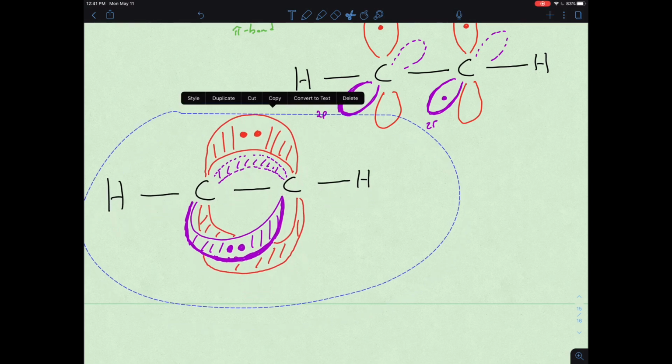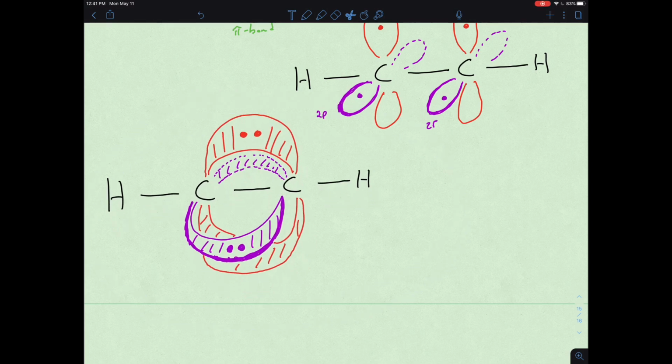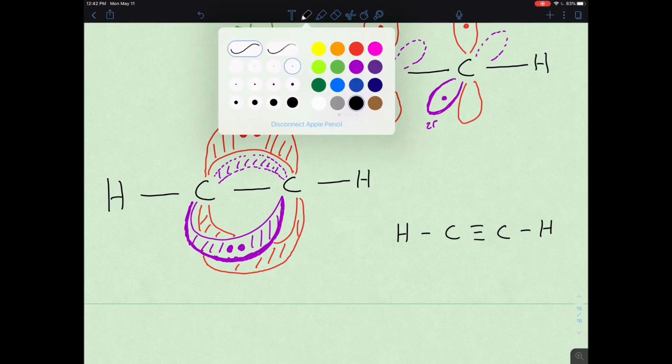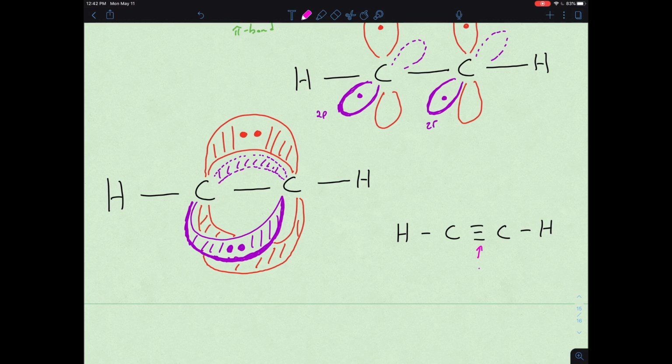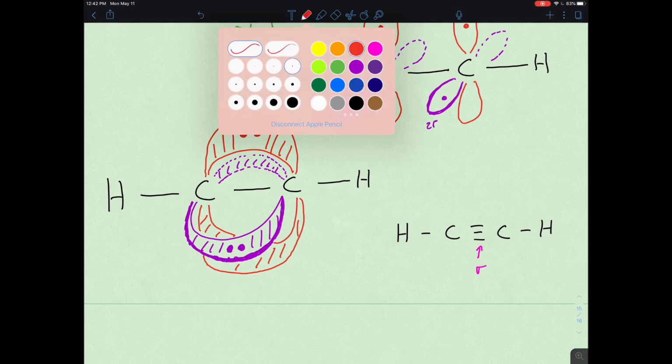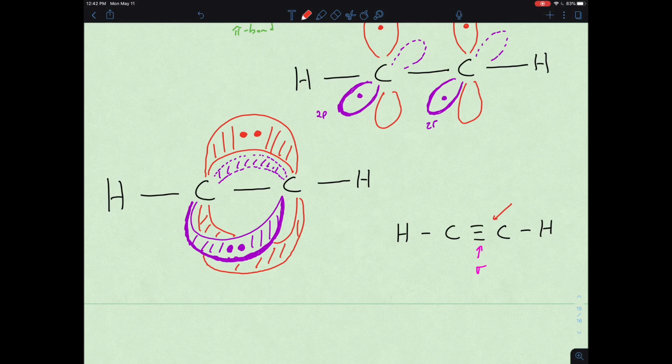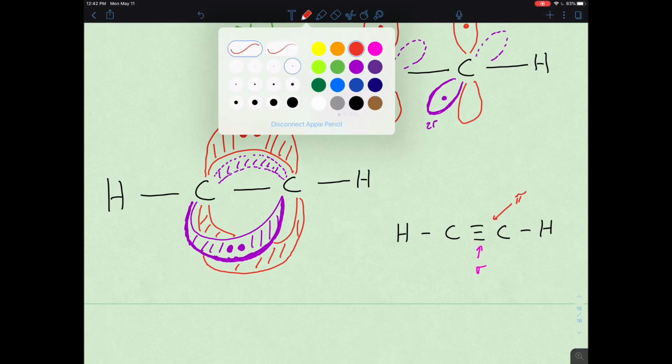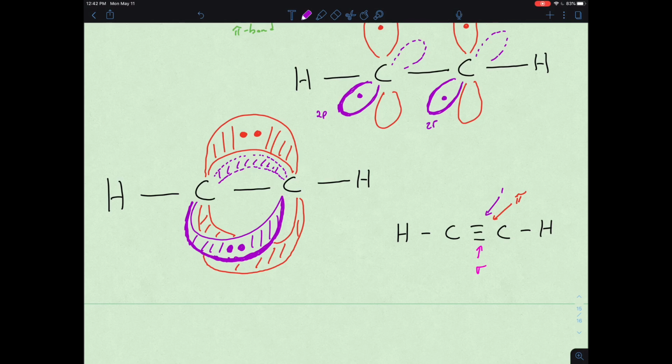It's really kind of like a tight ball, if you will, to give us the logic behind how all these electrons are hanging out. 6 electrons between these 2 carbon atoms. Well, they're not all in between them, right? We have 2 that are in between, we have 2 that are above and below, and we have 2 that are in front and in back. So we have our sigma bond, and we have two sets now of those pi bonds.